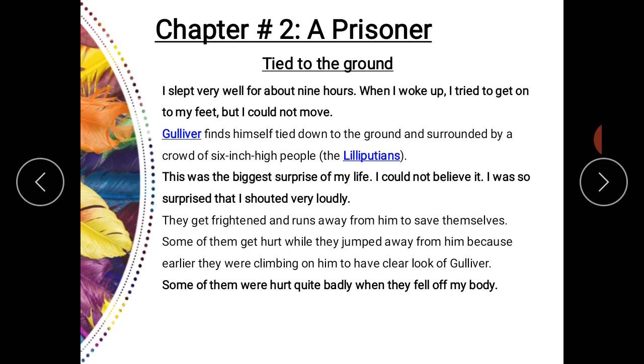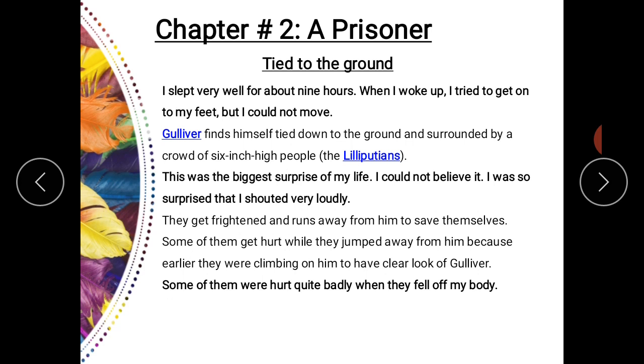Okay, so for 9 hours he slept. Gulliver finds himself tied down to the ground and surrounded by a crowd of 6-inch high people. And who were those 6-inch high people? The Lilliputians. In fact, Gulliver's arms and legs were tied to the ground.